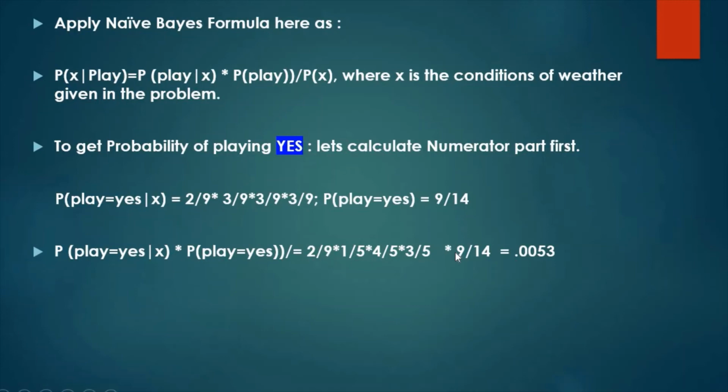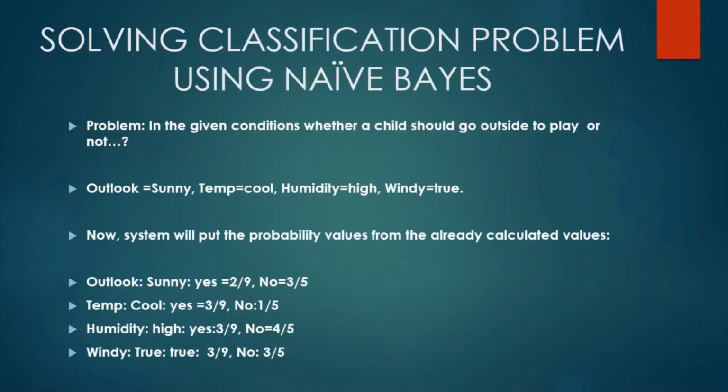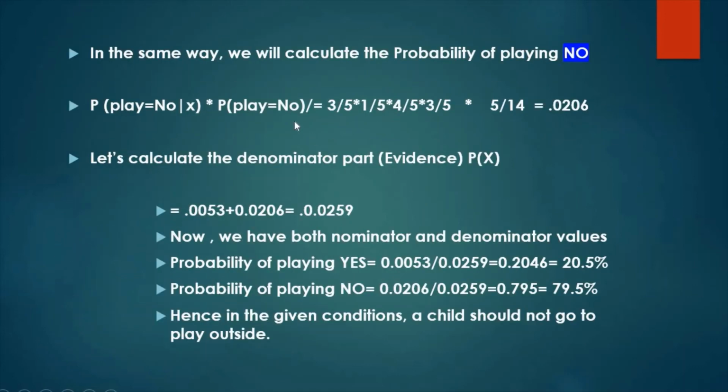In the similar manner, we will calculate the probability of playing no in this particular condition, which is outlook sunny, temperature cool, humidity high, and windy true. We have calculated the probability for no, and it is 3 by 5, multiplied by 1 by 5, 4 by 5, 3 by 5, multiplied by the probability of playing no. In 5 instances out of 14 it was no. So this is equal to 0.0206.